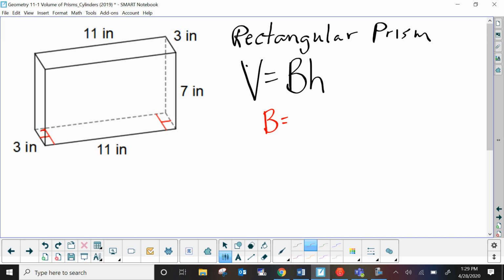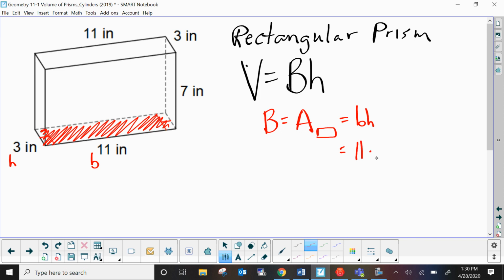Because the base of this prism is a rectangle, I need to find the area of that rectangle. Area of a rectangle is base times height. The base and the height come from that rectangle. So this is the base of that rectangle, and this is the height of that rectangle. So this just becomes 11 times 3, which is 33.